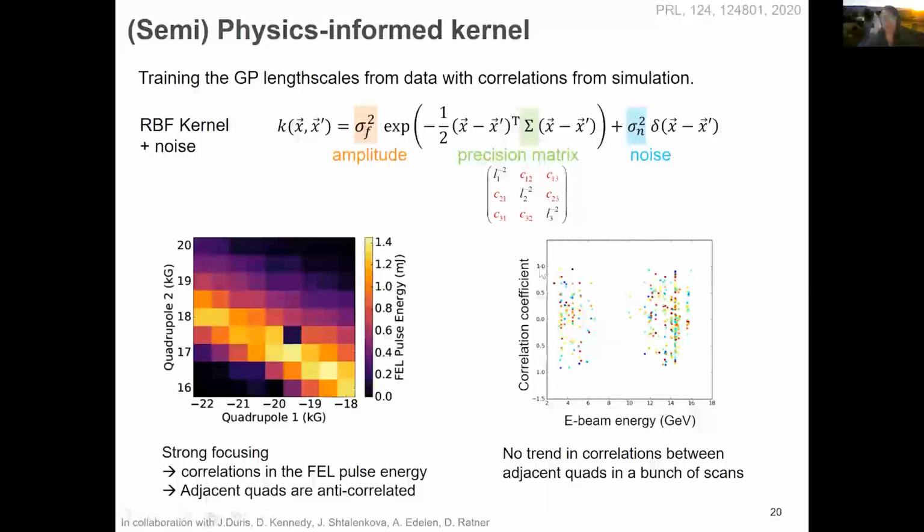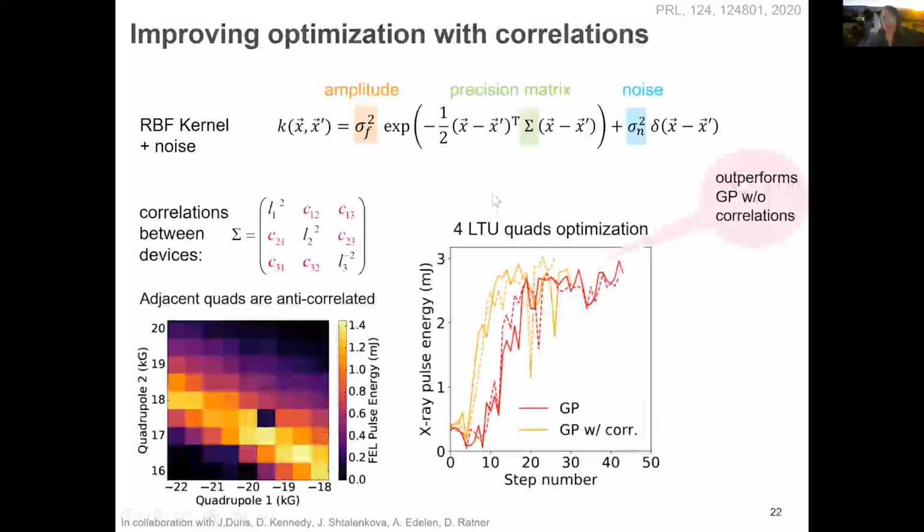So you can see in this plot the correlation coefficient versus electron beam energy, and there is no clear trend in the correlations between two quads in different scans, although we know that two adjacent quads should be anti-correlated with respect to each other. So the way we determine those correlations is from a physics simulation: we calculated the correlation from the simulation, and then we incorporate them into the precision matrix.